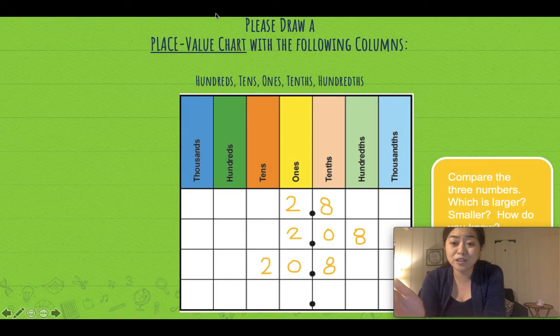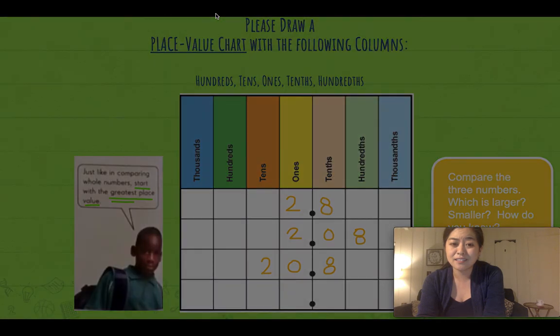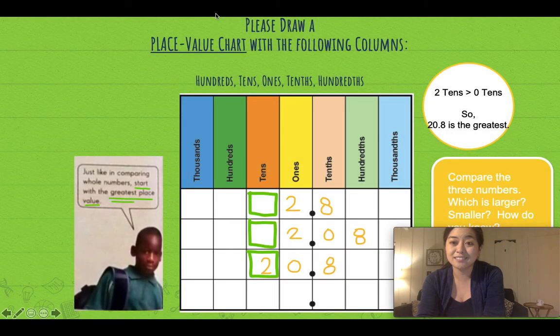So again, we're going to compare now the three numbers. Which is larger? Which is smaller? How do you know? Well, we're going to always start with the largest place value, which in this case is the tens. So we have 2/10 and then 0/10.